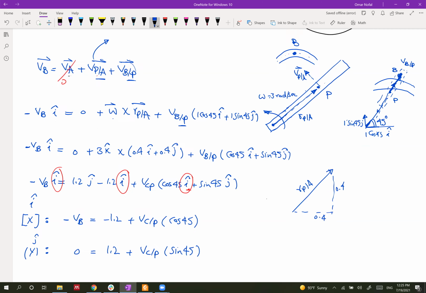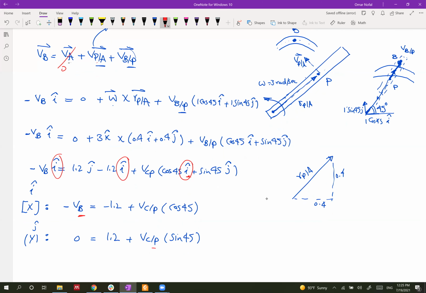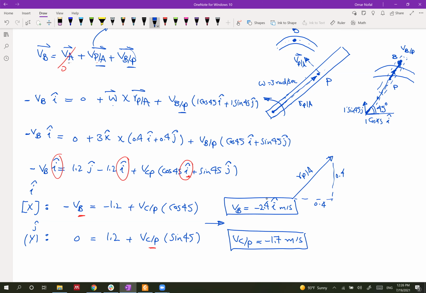And this is two equations and two unknowns, VB and VCB. And this should give us that VB is equal to negative 2.4 I hat, and this is meter per second, and VC with respect to B is negative 1.7 meter per second. So this is the magnitude.